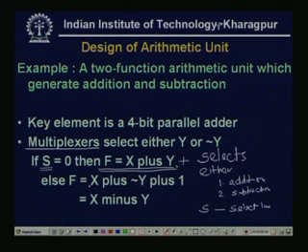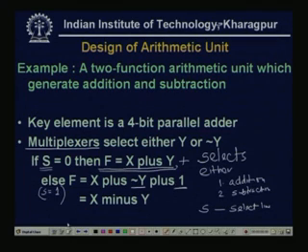Else f equal to x plus y complement plus 1, that means this is the 2's complement subtraction, that means x minus y. So, if S equal to 1, then it is a minus. This is a simple logic.